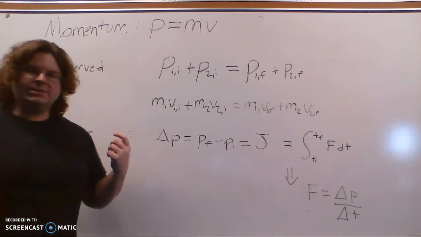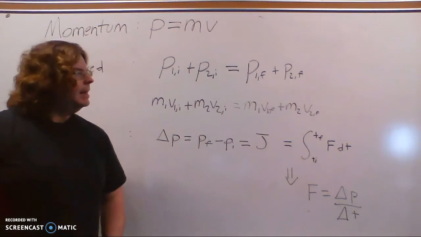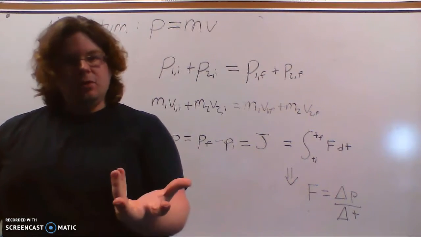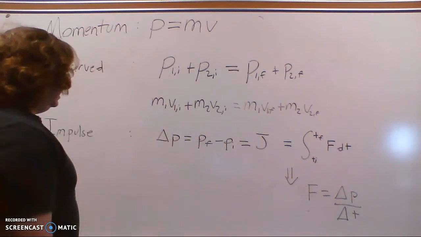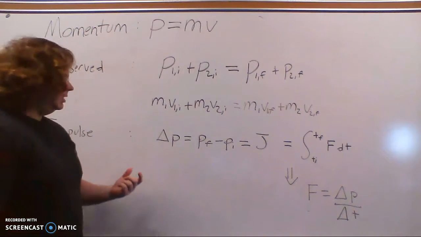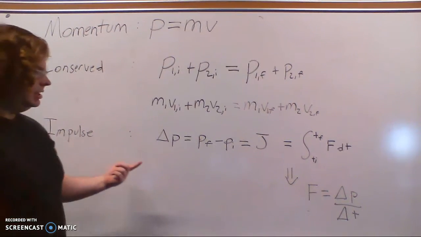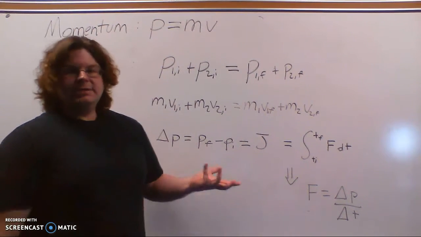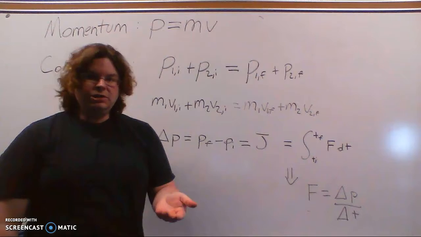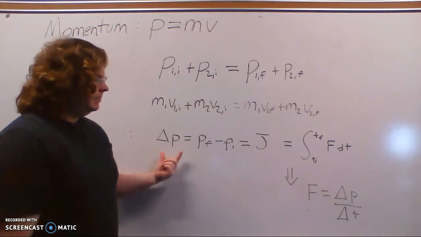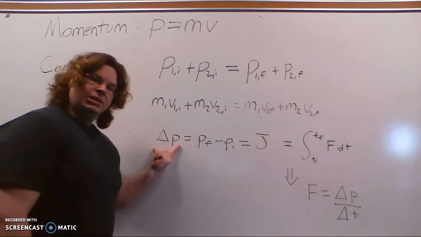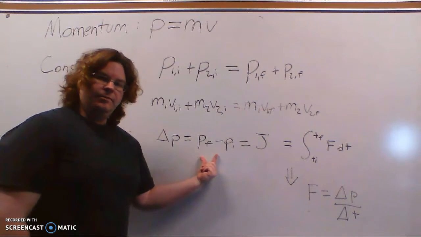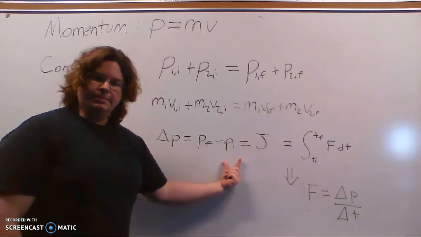Another quantity that's useful when talking about momentum that helps us tie back to other quantities that we measured, namely the quantity of force, is the idea of the impulse. So the impulse, by definition, is just how much the momentum of an object has changed. So the change in momentum is the impulse given by this quantity J. And this change symbol here just means final momentum minus initial momentum.